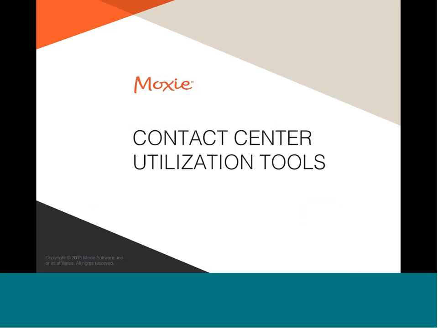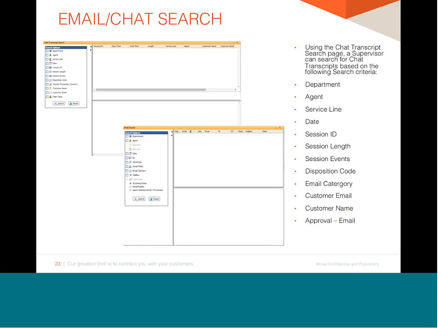The next area is contact center utilization tools. So a couple of other slides that I've put together here are just to show you that email and chat search can also be used to ensure that you're getting more information pieces, because historical and real-time information are obviously the key areas here.